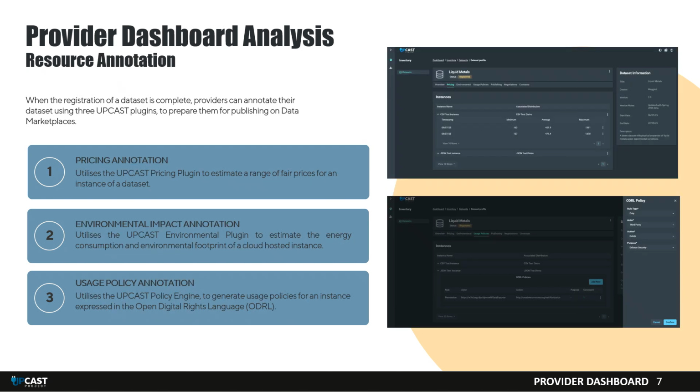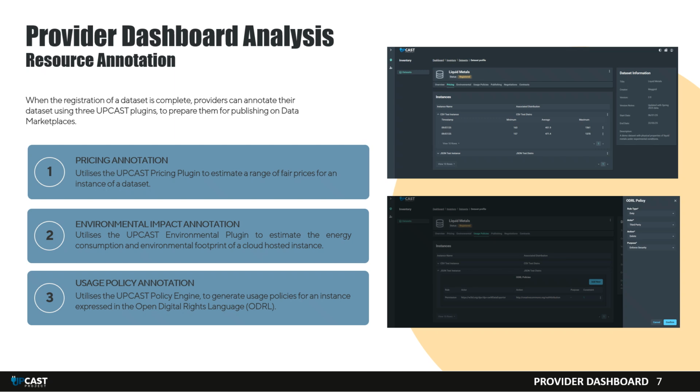After the registration of a dataset, providers can annotate each instance with the use of 3 Upcast plugins. Pricing annotation utilizes the Upcast pricing plugin to estimate a range of fair prices for an instance. Environmental annotation uses the Upcast environmental plugin to estimate the energy consumption and environmental footprint of a cloud-hosted instance.